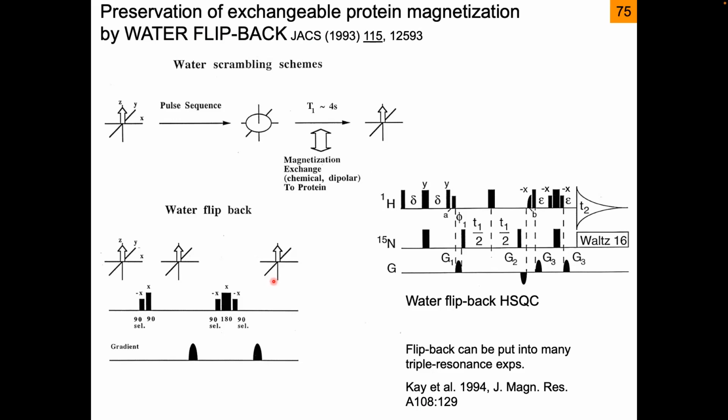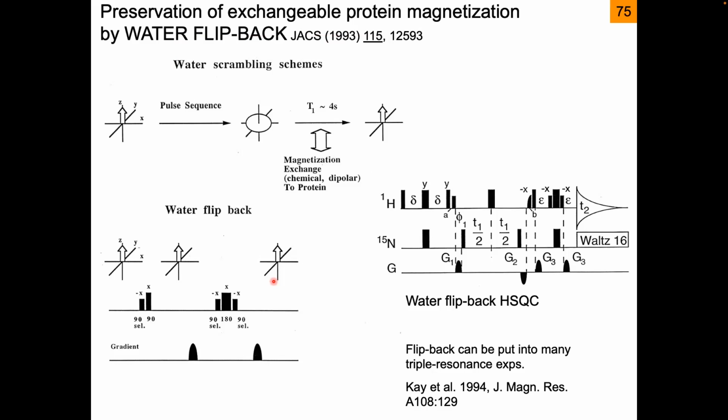And it will take 4 seconds, or maybe better 12 seconds, 3 times T1, until you're really back to equilibrium. Now, you want to pulse normally at 1 or 2 seconds maximally between 2 experiments. And so when you do this, then your water will never be back to equilibrium, and you're basically attenuating the water signal. This would not be a problem, but the water is actually exchanging magnetization with your protein directly via hydrogen exchange, and also indirectly via dipolar exchange.